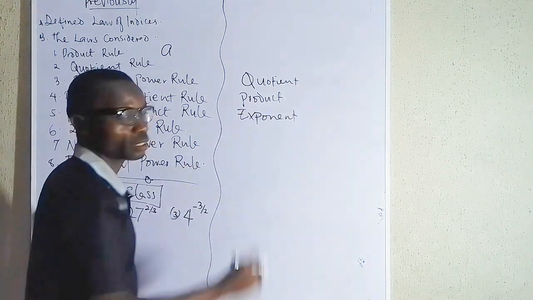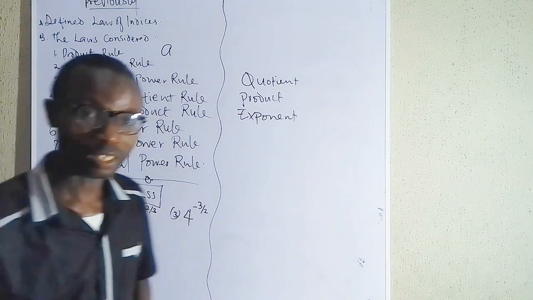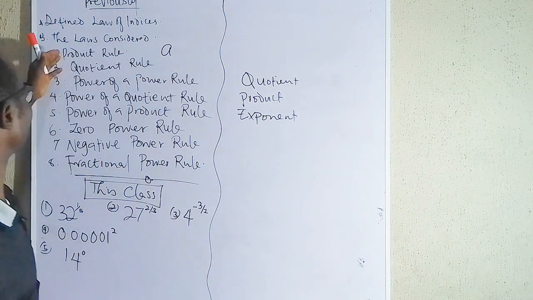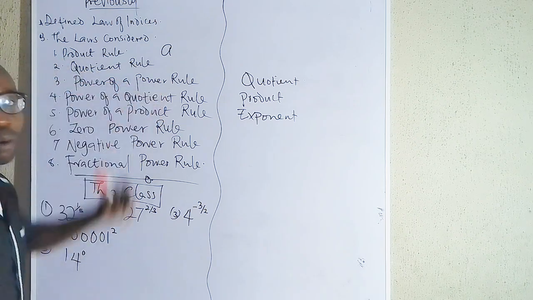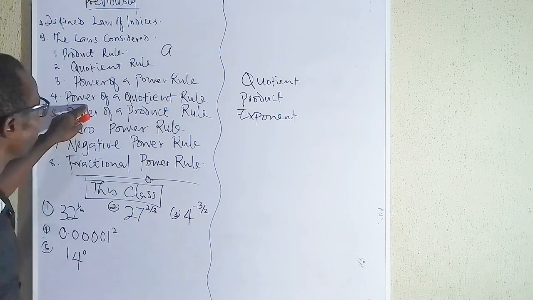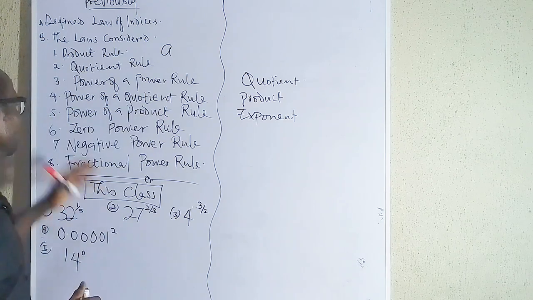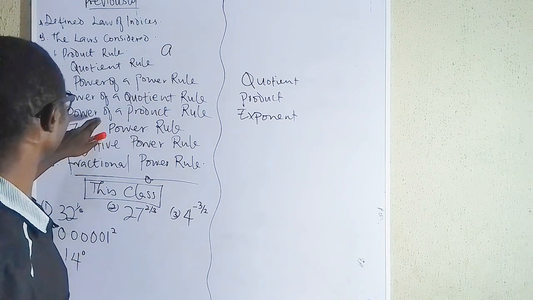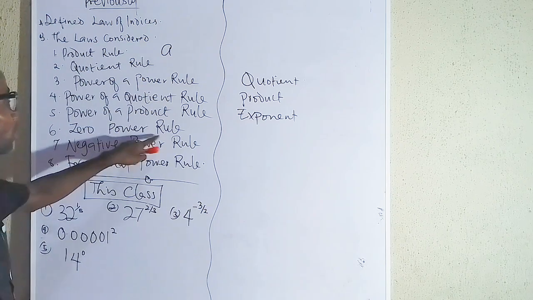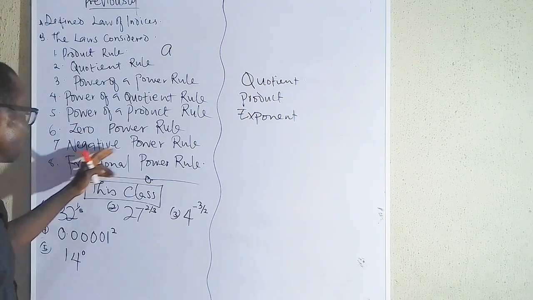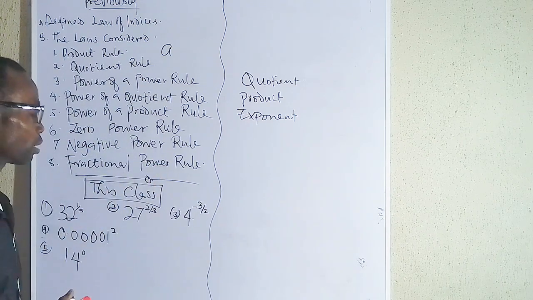You can check the previous videos so you get to see these things. Now look at the product rule, the quotient rule, the power of a power rule, and also the power of a quotient rule. Then in another video we'll consider the power of a product rule, the zero power rule, the negative power rule, and the fractional power rule.